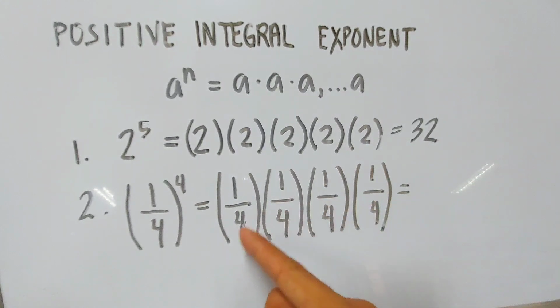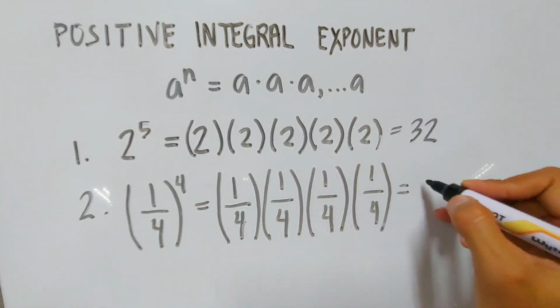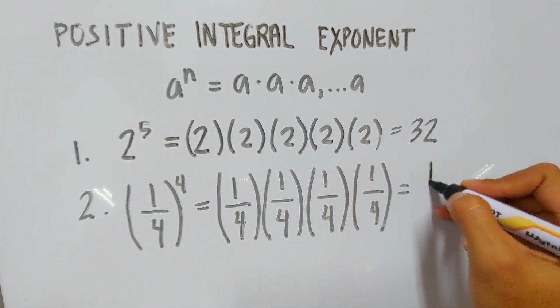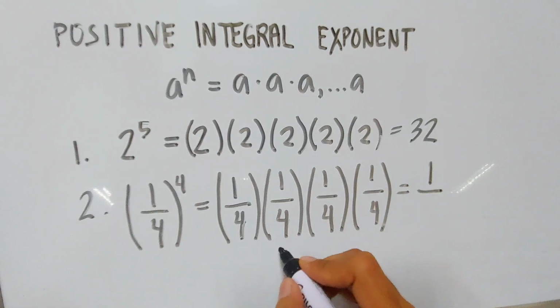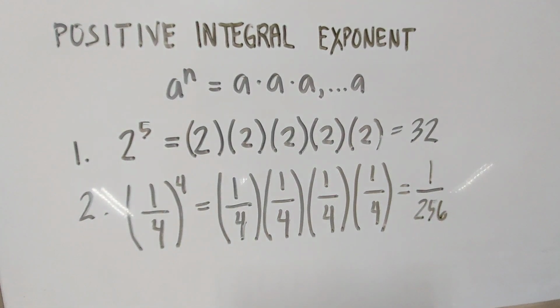So, pag ganyan, numerator times numerator lang. Lahat ng numerator, pag multiply mo, 1 times 1 times 1 times 1, that is 1. And then 4 times 4, 16. Times 4, that is 64. And then times 4, that is 256.